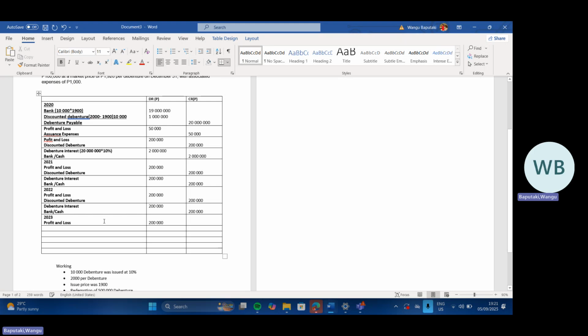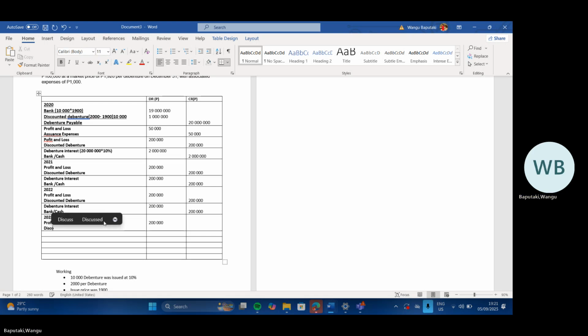Then discounted debenture, it's 200,000. The debenture interest also the same. Debenture interest we debit 200,000, bank or cash we credit 200,000.